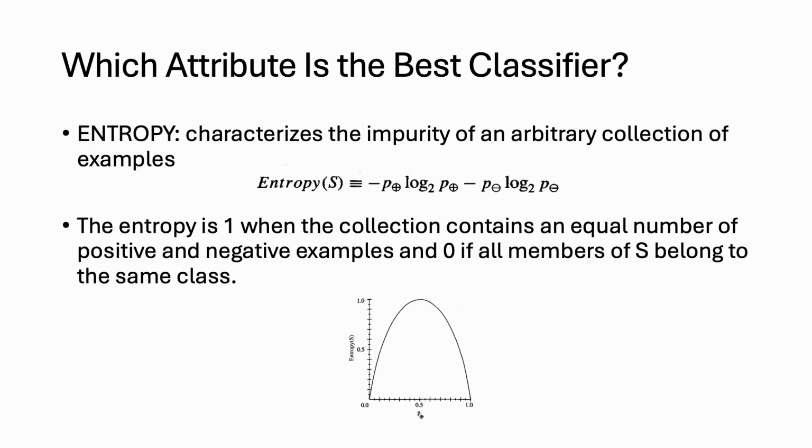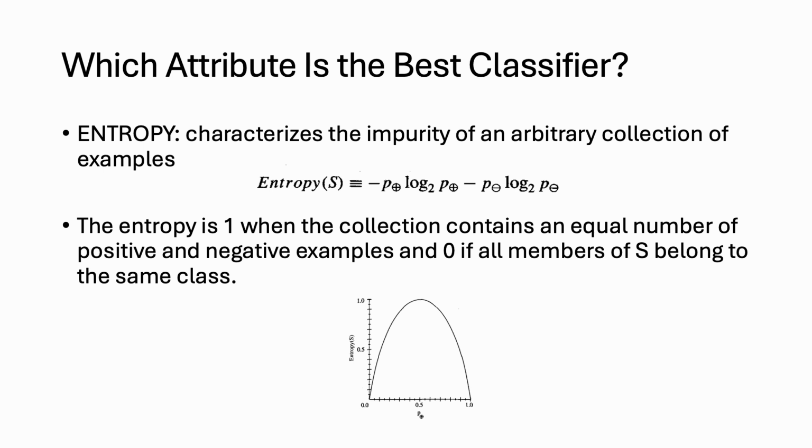We have some criteria for deciding what is the best classifier. The first one is entropy, which characterizes the impurity of an arbitrary collection of examples, given the formula below.